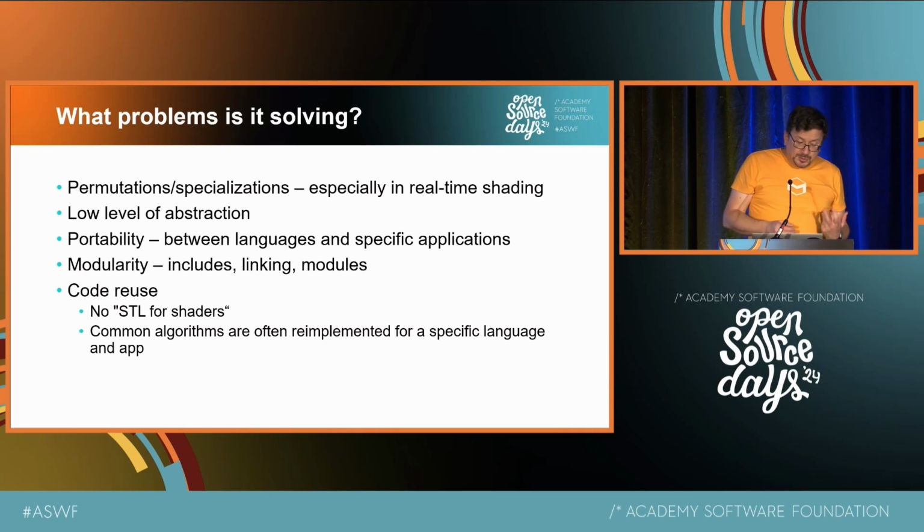Then modularity is also not really solved in many of the specific platforms, so includes are not even a part of the GLSL standard, and linking barely works. So it would be nice to solve this on a higher level, independent of the target language. And then code reuse, I would put it this way: there is no STL for shaders, so there is no standard.